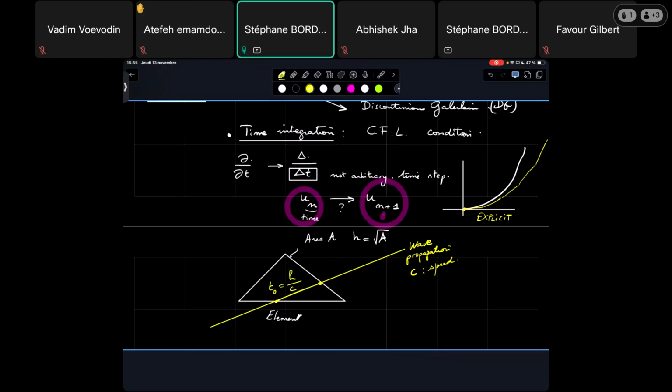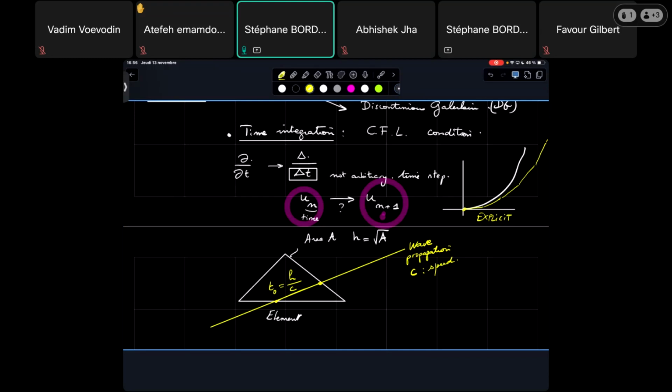And intuitively, it's very easy to understand. If the wave goes faster than the time it takes for the wave to traverse one element, then you immediately see that you have a disconnect between your spatial discretization, which is the size of the element, and your time discretization, which is the time step.